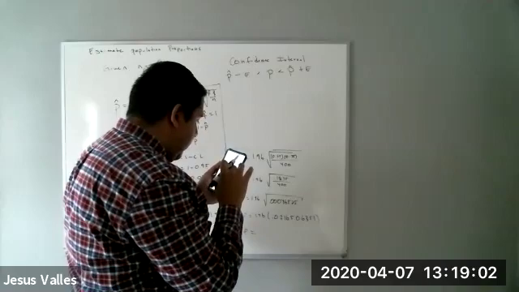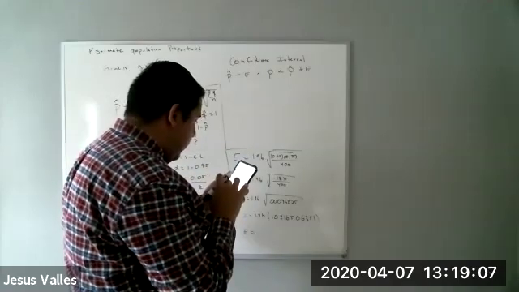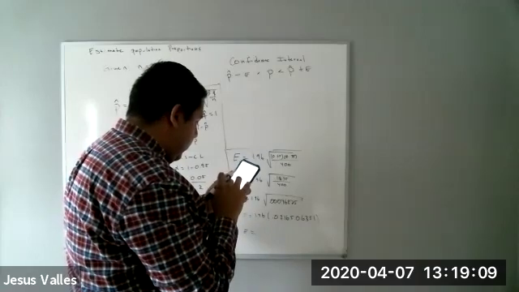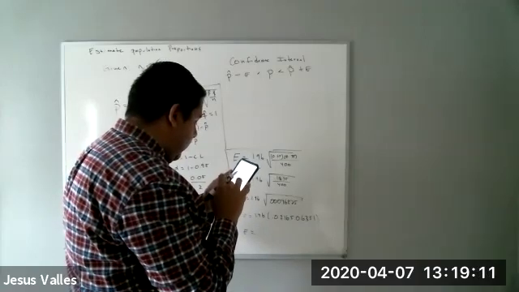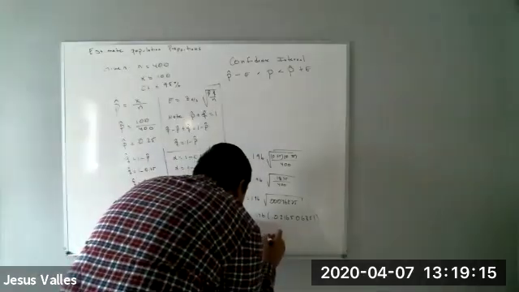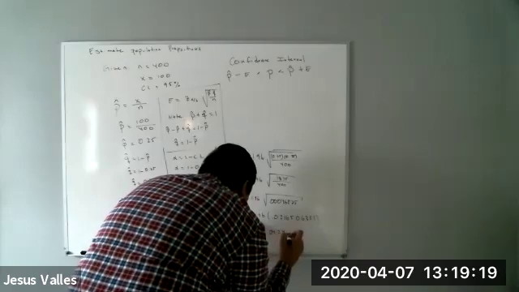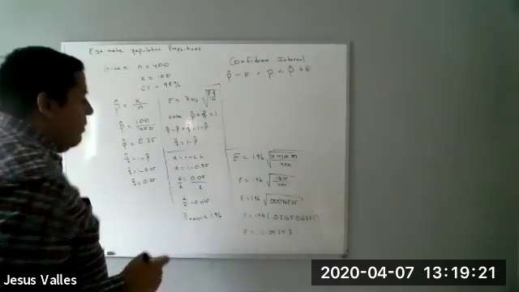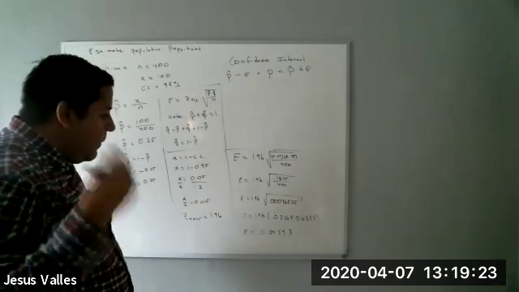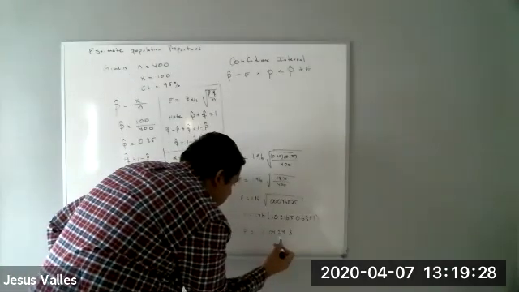Then we multiply that together: 1.96 times 0.02165063351, so we get 0.04243. Now we're going to round off to the nearest three decimal places: 1, 2, 3.